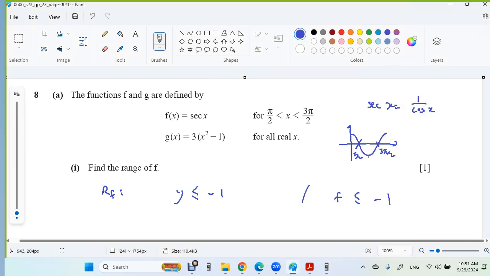So for this one, it will be here. Still the same, -1. Okay, 1 over 0 will be infinity. Negative infinity. So this one also goes to negative infinity.